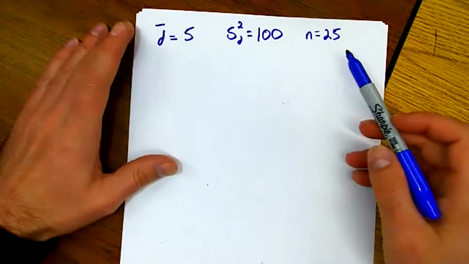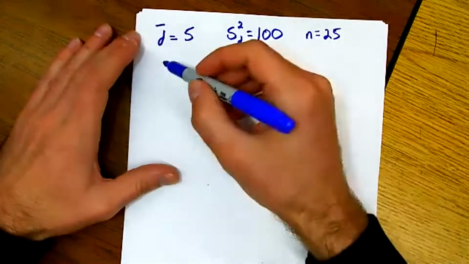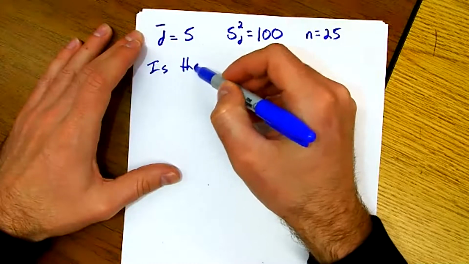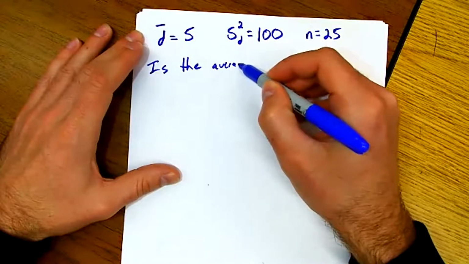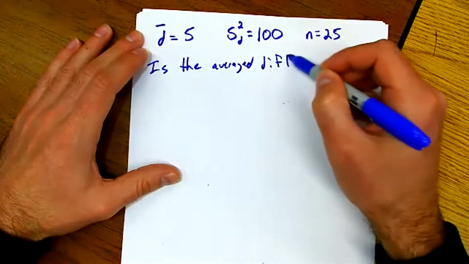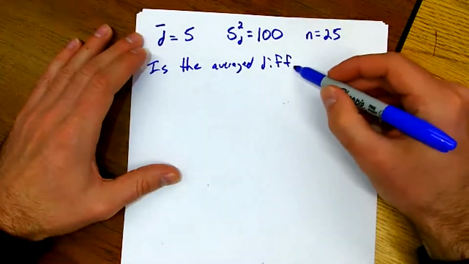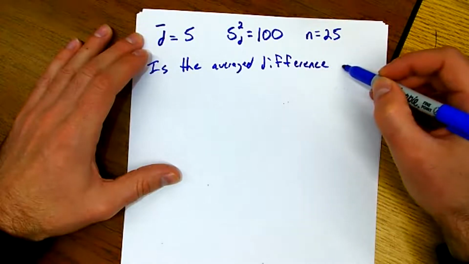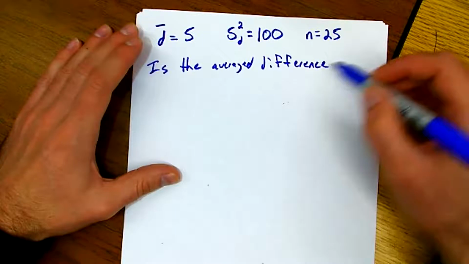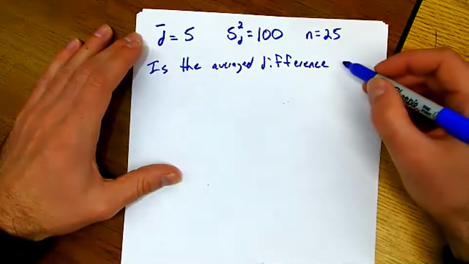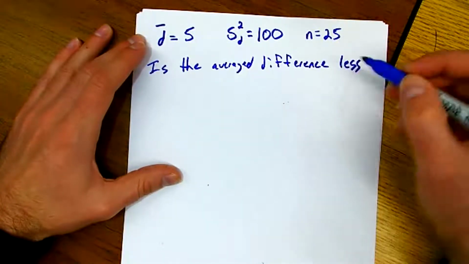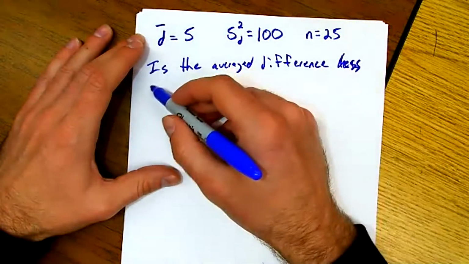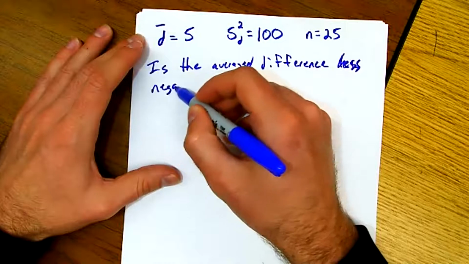So I've got this, and I want to do a hypothesis test. Let's say, is the average difference negative?